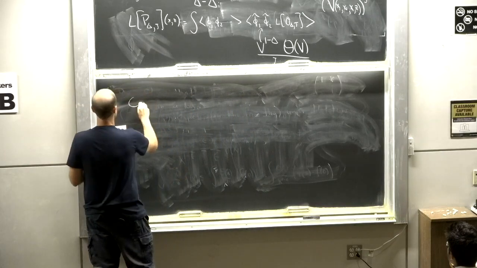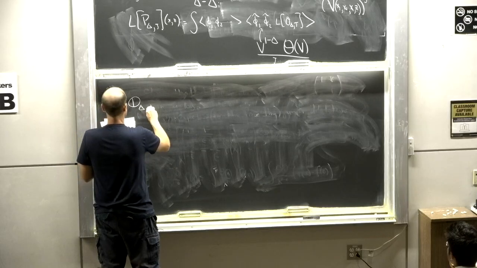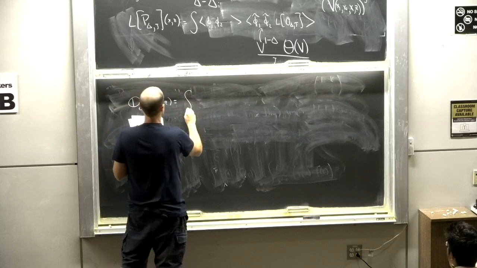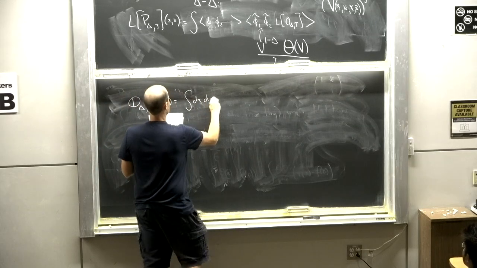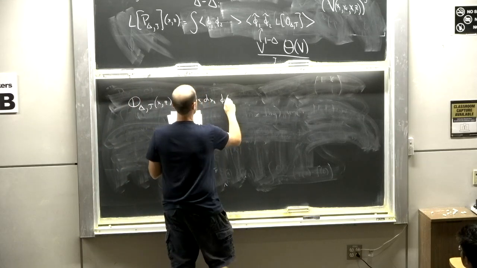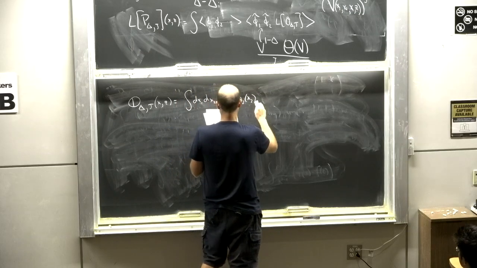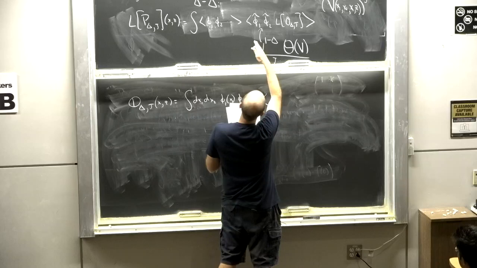So you define this funny O as the integral of phi1 of x, phi2 of x2, times this thing.